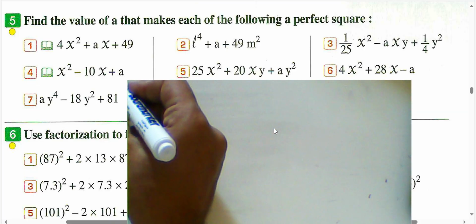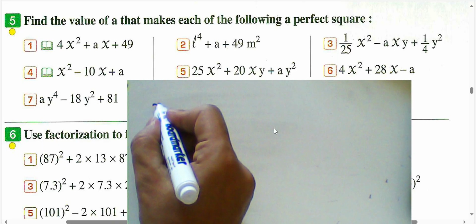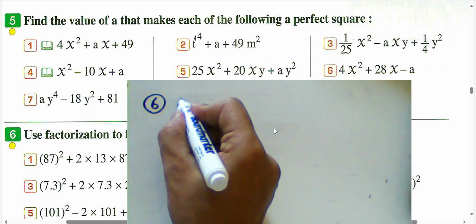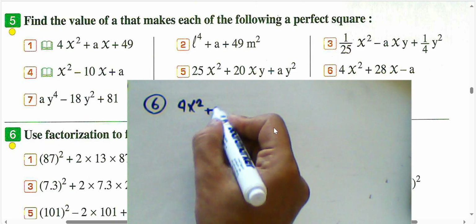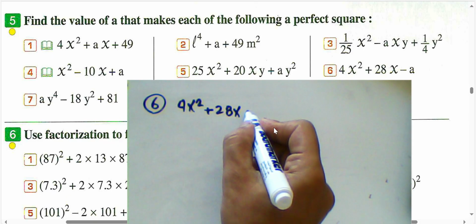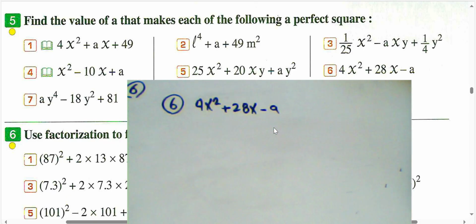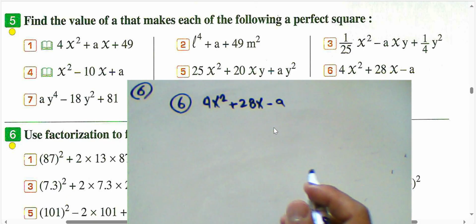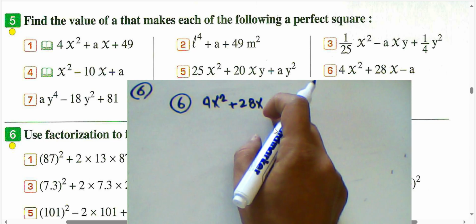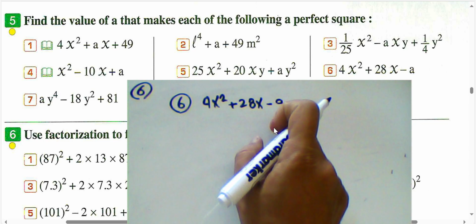Question number 6. 4x power 2 plus 28x minus a. Okay, a here lies in the third. This must be positive, not negative.